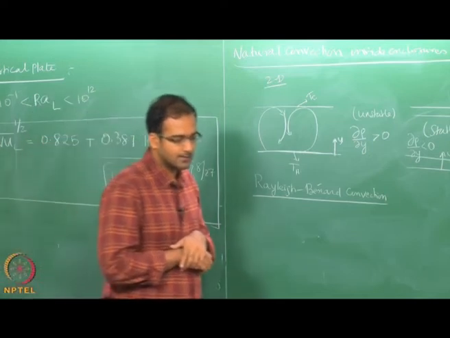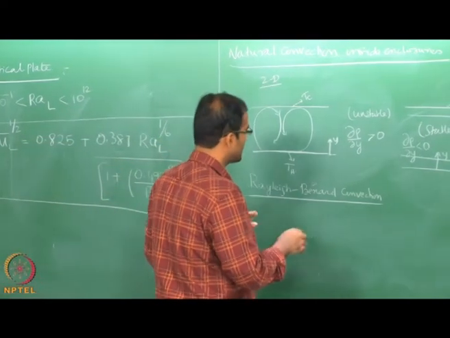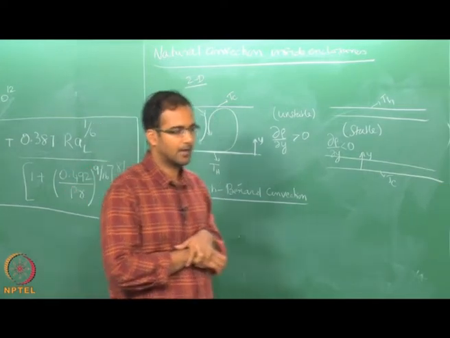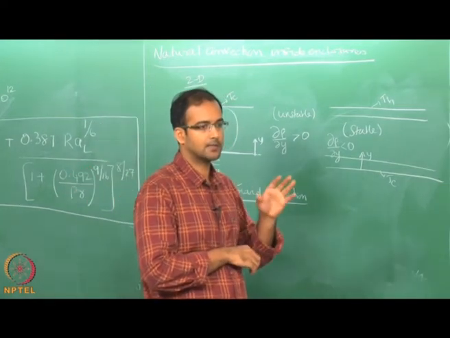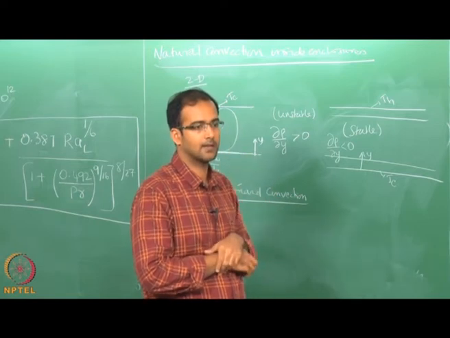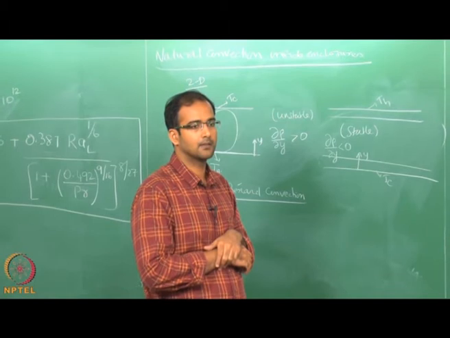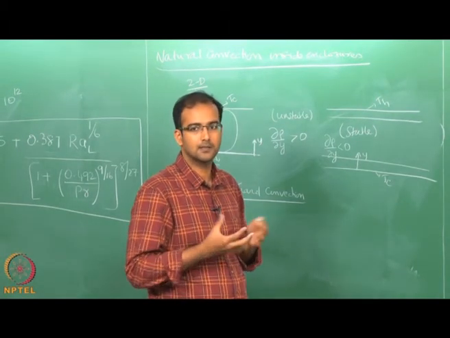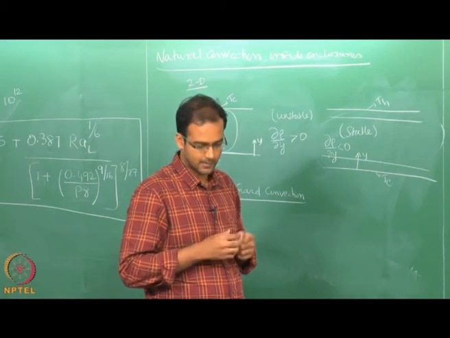So, for this case these are very complex instabilities and you can to some extent do some linear stability analysis and predict the onset where the instabilities can become Rayleigh-Bernard convection cells, but beyond that you cannot use any analytical methods.